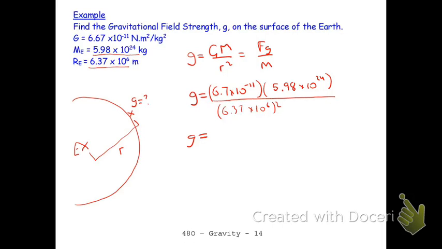I can do it the traditional way, which is you divide by 6.37 second e to the 6, enter, and then you divide again by 6.37 second e to the 6, enter. And I'm getting 9.8.